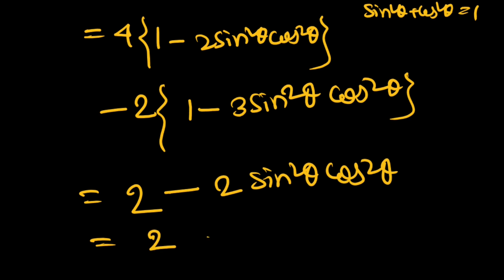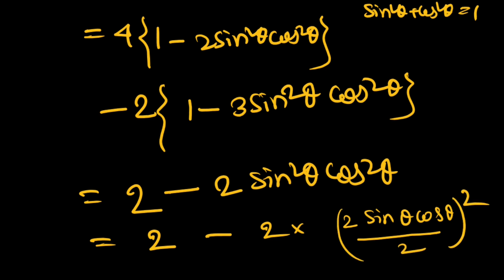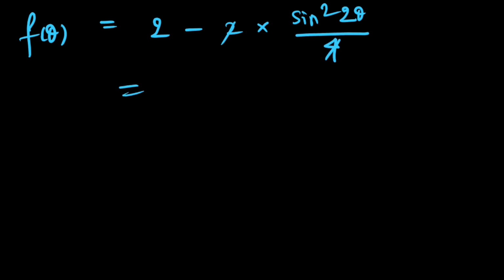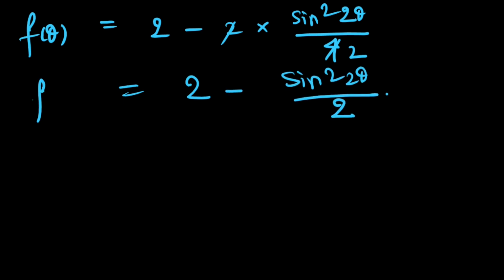Therefore we write this sine square cos square theta as (2 sine theta cos theta by 2) whole square. Therefore f theta is equal to 2 minus 2 into sine square 2 theta over 4. Therefore 2 and 4 cancel, and 2 minus sine square 2 theta by 2 is f theta.